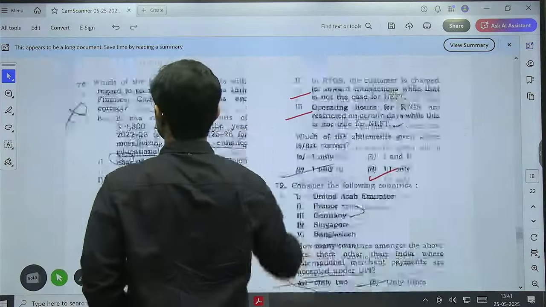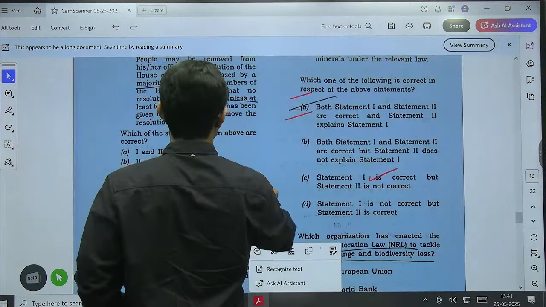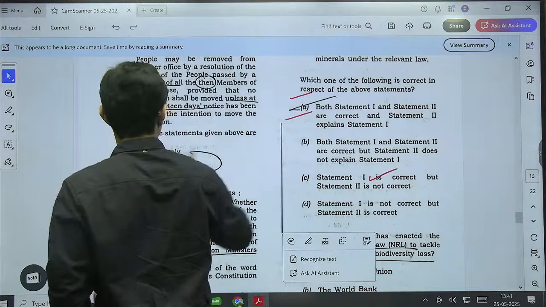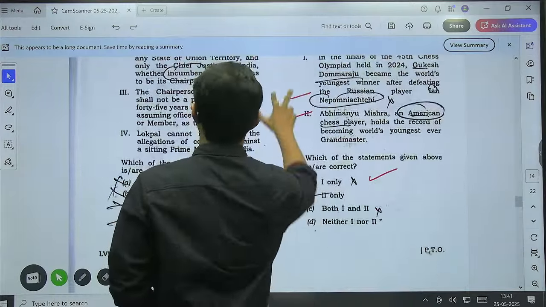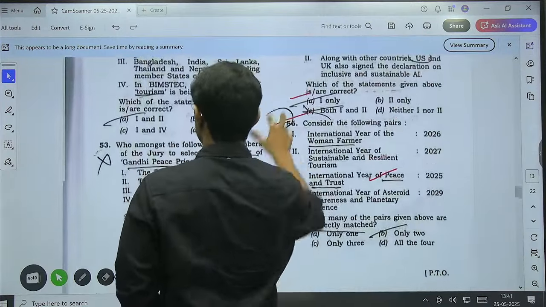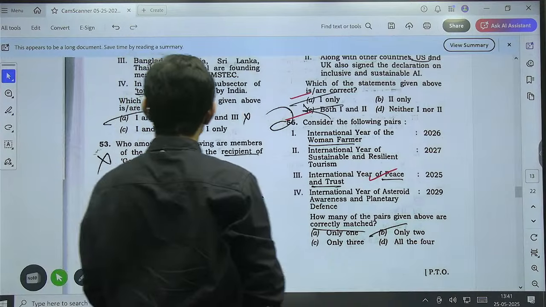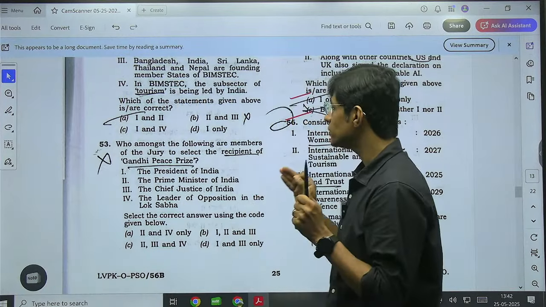So question number 53, this probably is the last question from Indian Polity. Who among the following are members of the jury to select the recipient of Gandhi Peace Prize?